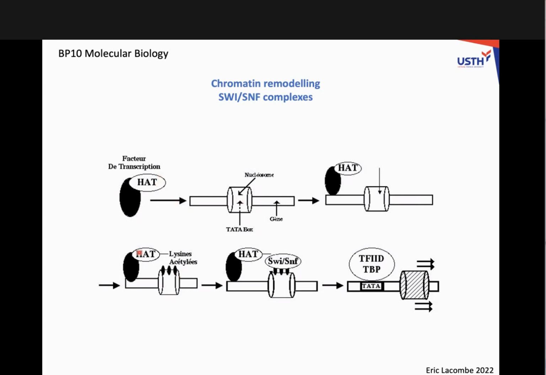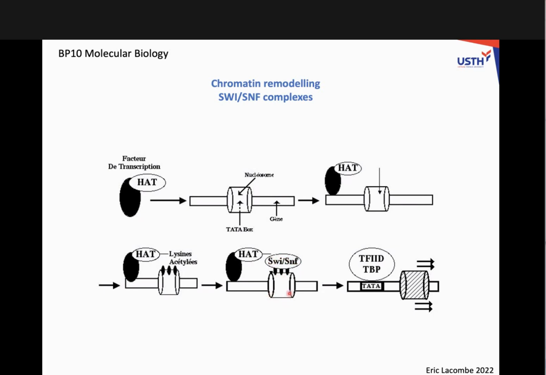So we have histone acetyltransferase that are going to transfer an acetyl group only on the nucleosomes that are in interaction with the SNF complex.